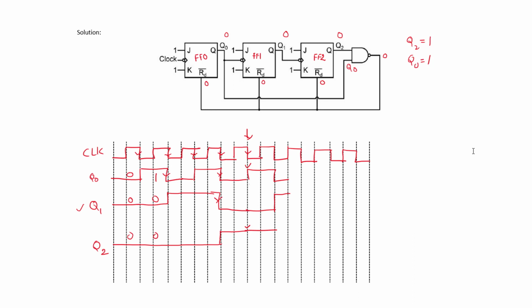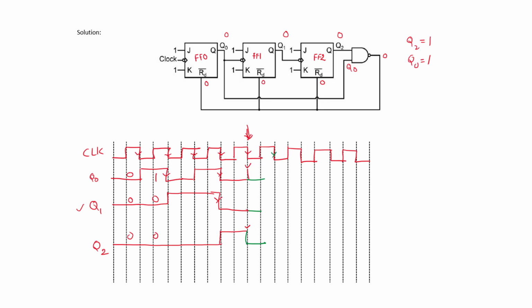We know that when Q2 is 1 and Q0 equals 1, a logic 0 is applied to all these flip-flops, which makes all the output states logic 0. That means at this clock, all the outputs are forced to logic 0.